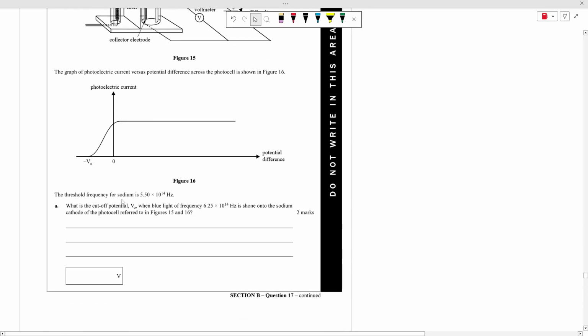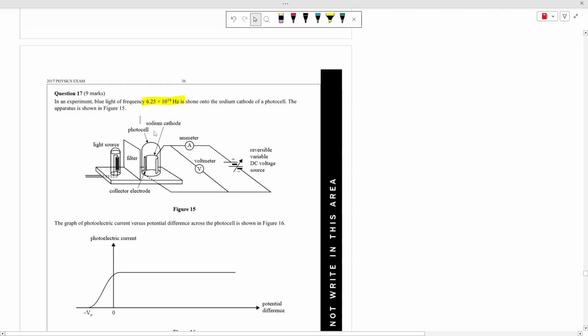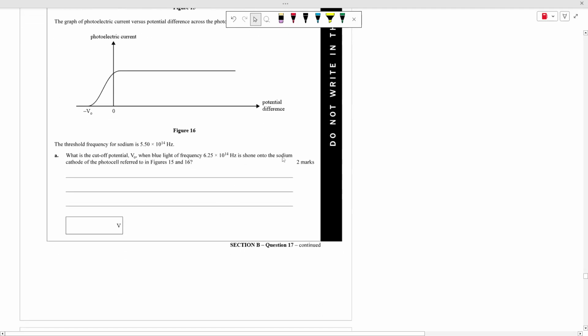The threshold frequency for sodium is 5.5 times 10 to the 14 hertz. What is the cutoff potential when blue light of frequency 6.25 times 10 to the 14 hertz, so that's the same as the one that's shining on it currently, is shone onto the sodium cathode of the photocell, referred to in figures 15 and 16.